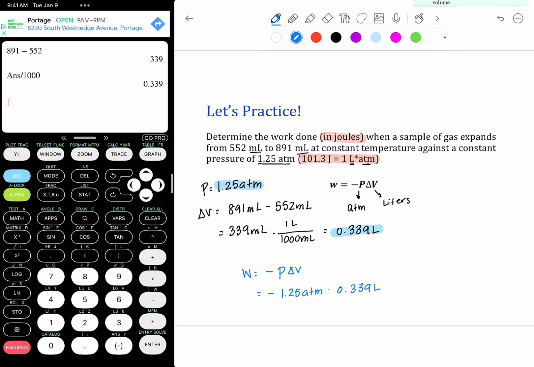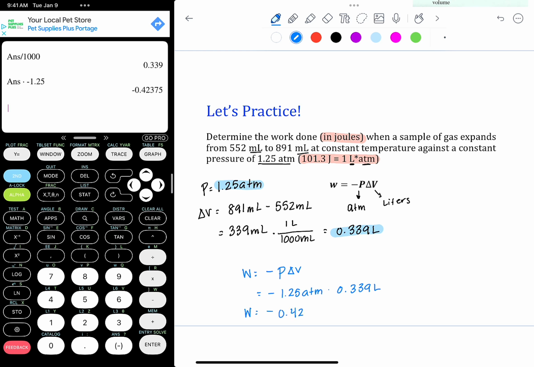We'll take that 0.339 and multiply it by negative 1.25, and we'll get that work is equal to negative 0.42375 atm times liters.